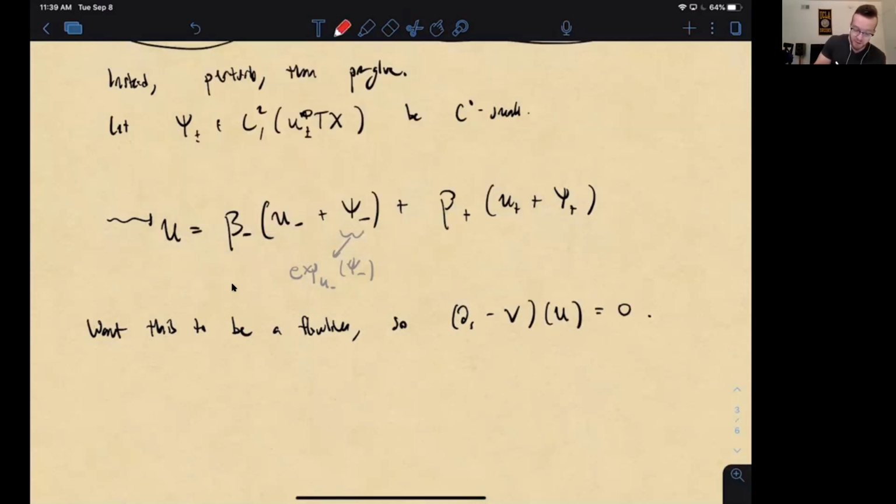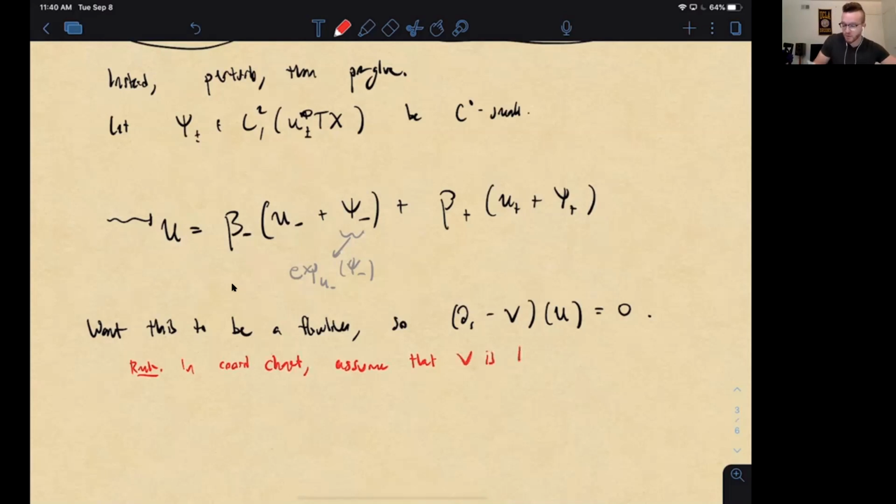The first remark I'll make is to simplify things that in the coordinate chart, I'll assume that V is linear. Because what I want to do when I apply this operator to this thing, I want to be able to distribute V linearly over all the terms.